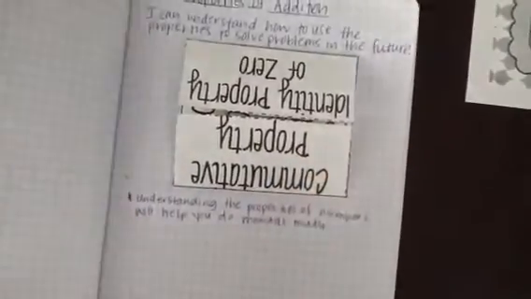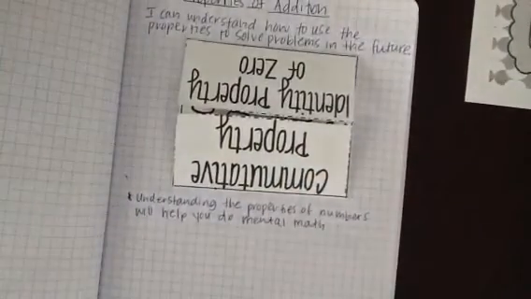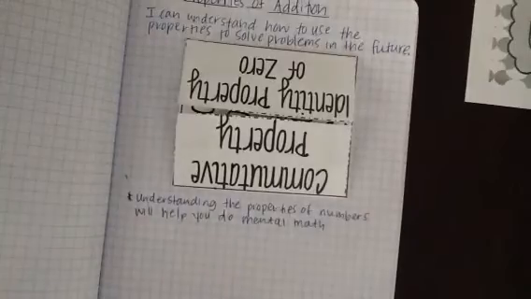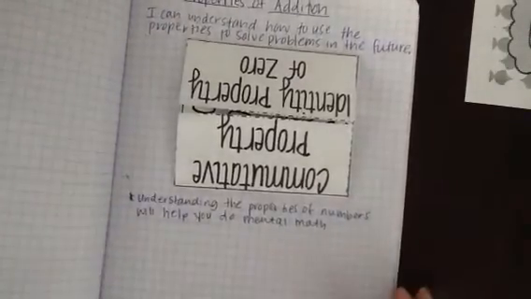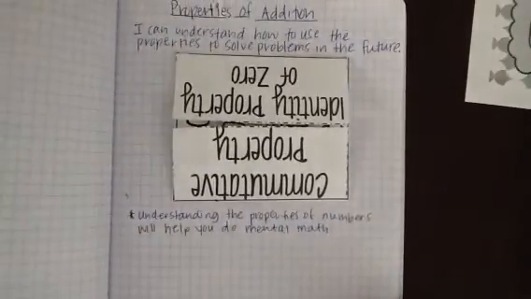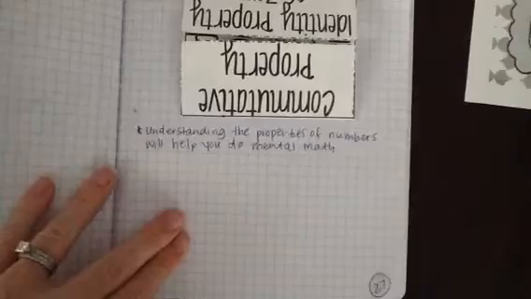So knowing that anything plus 0 is just going to be that number helps me to quickly do mental math if I'm given a problem with that kind of situation. I'm going to scoot this up just a little bit.